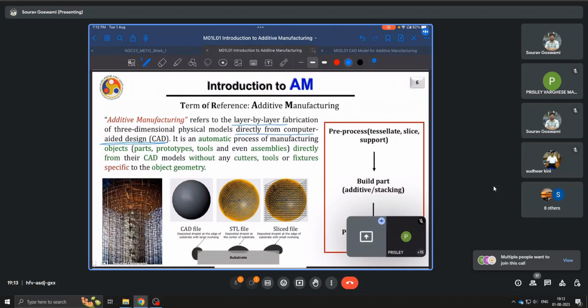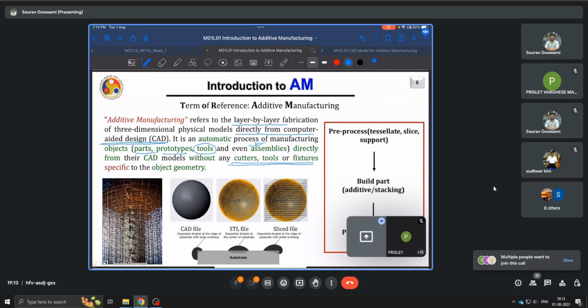It is an automatic process used to manufacture parts, prototypes, tools, or even entire assemblies at one go, directly from their CAD models without any cutters, tools, or fixtures. Now, this is controversial because, of course, you need some degree of post-processing. But still, I would say till the manufacturing stage, it is free of any sort of subtractive processes.